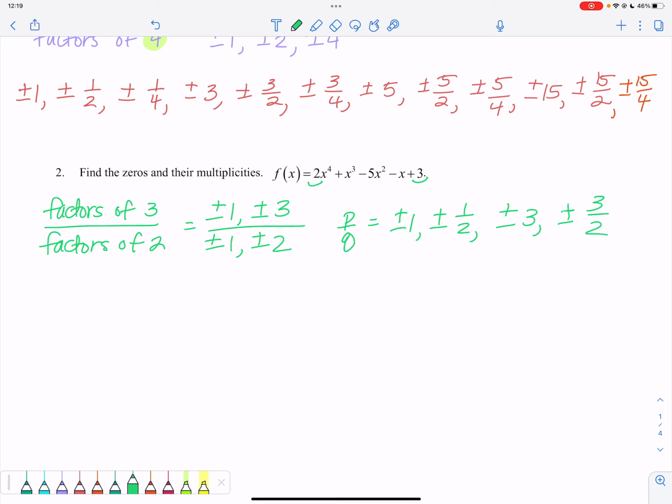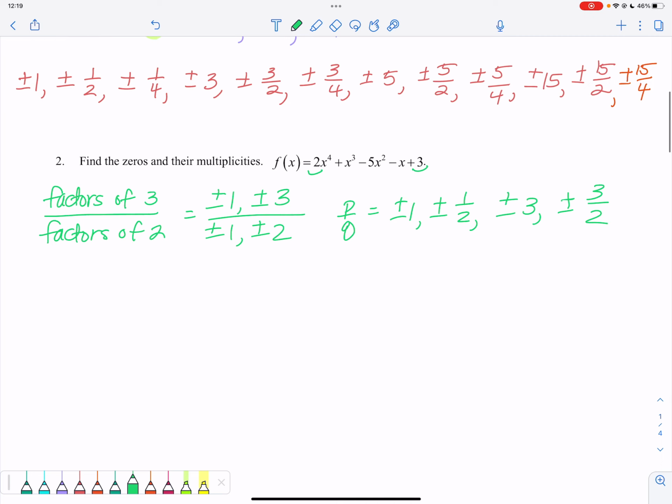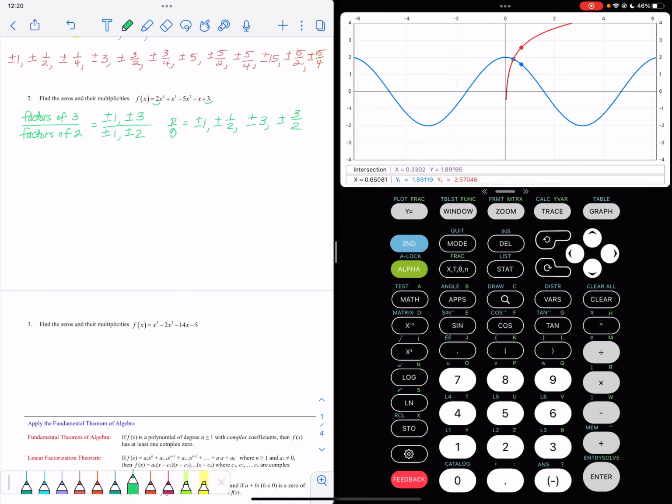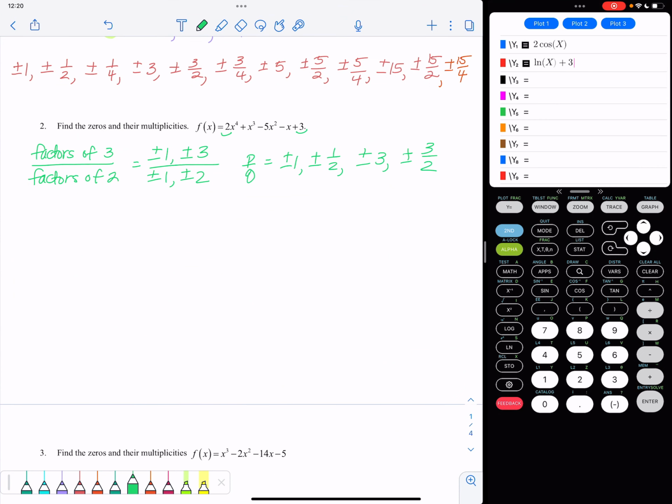Now, what I like to do is start with one that, if I graphed this quartic, this is a quartic, and a zero jumped out at me, I might begin with that one, okay? So what I like to do is put this in the calculator and just take a look at it.